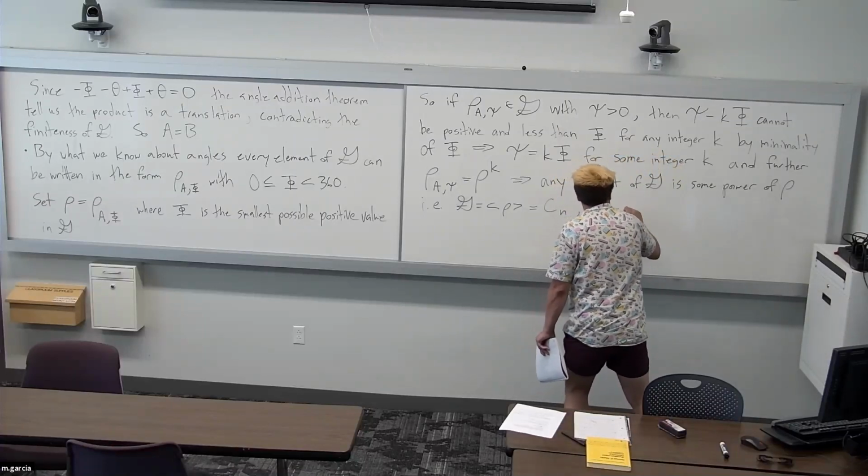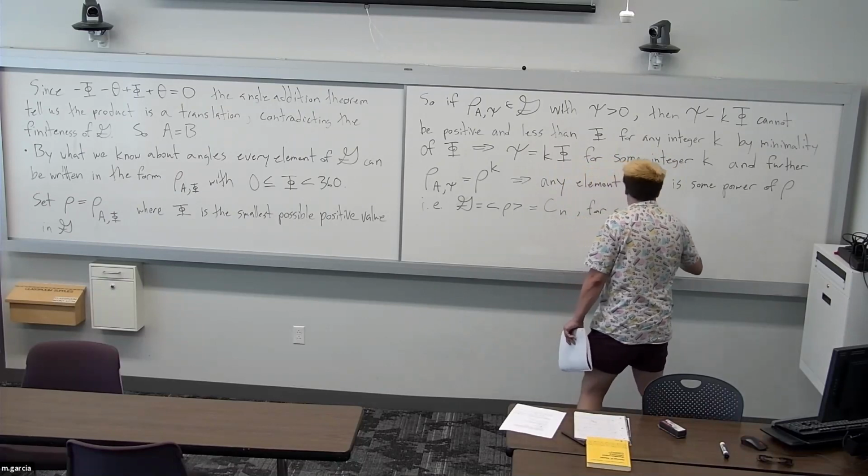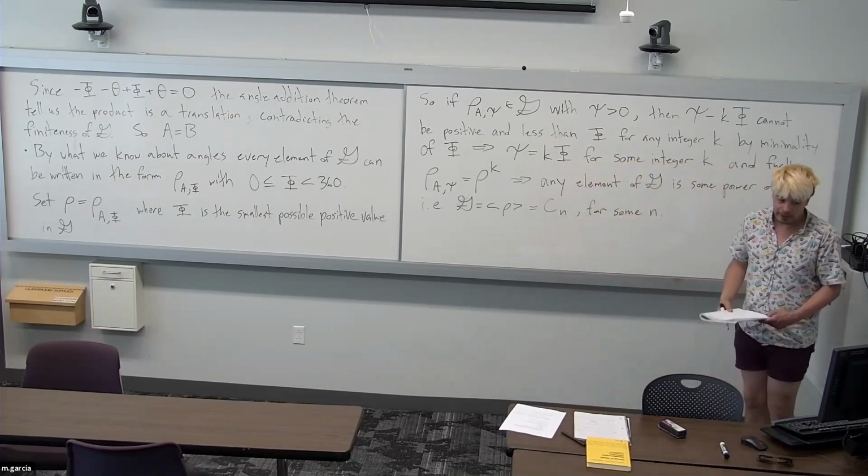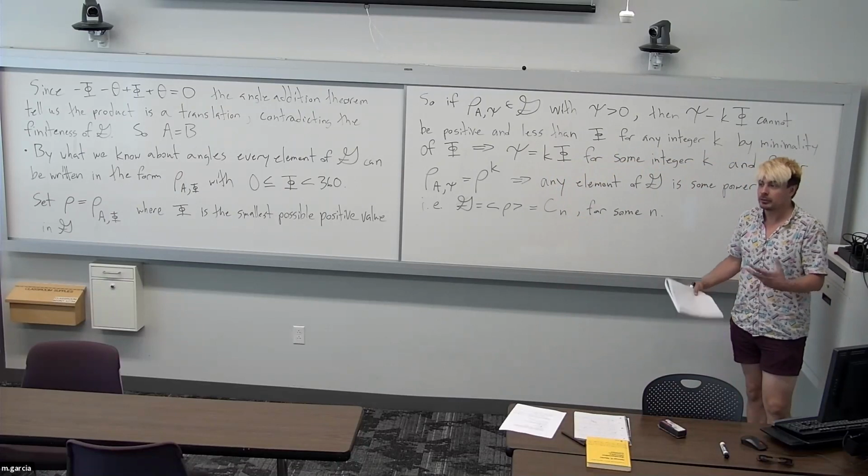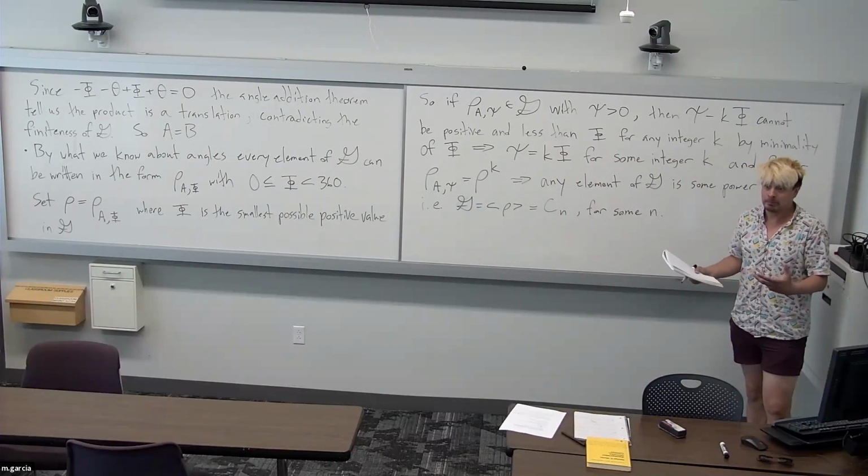So if we don't contain any reflections, we get Cn.